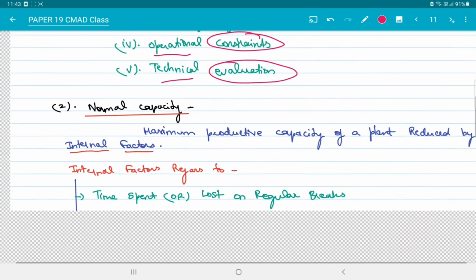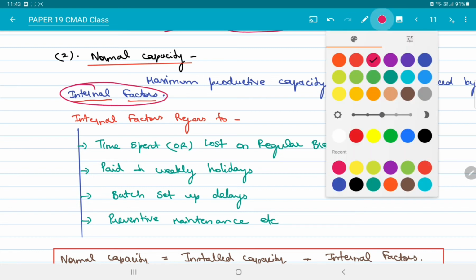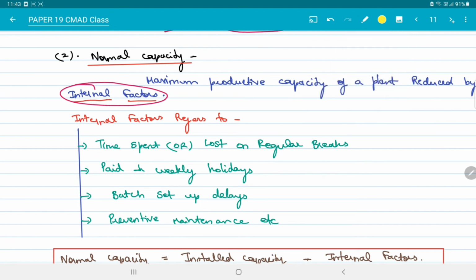Normal capacity is the second capacity. Our maximum productive capacity will be reduced after considering some internal factors. What are those internal factors which will impact the maximum productive capacity?